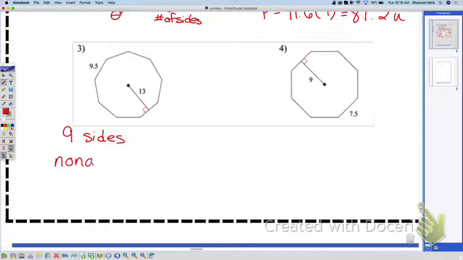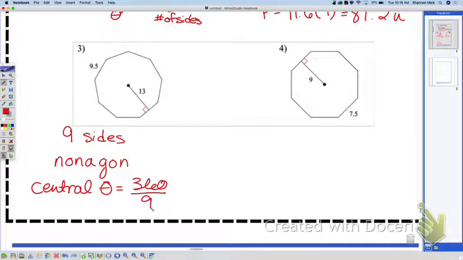What about central angle? 40 degrees. 360 divided by 9, which would be 40 degrees. Perimeter. I mean, these aren't going to take you long, are they? No. Okay. So now, what is the next one? Octagon. This one's an octagon.